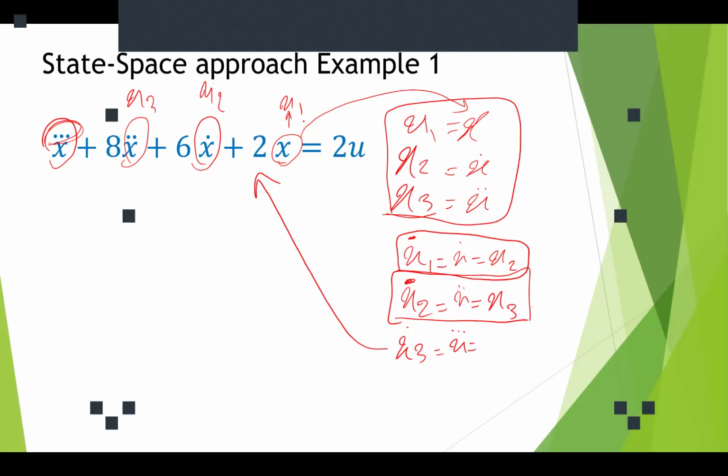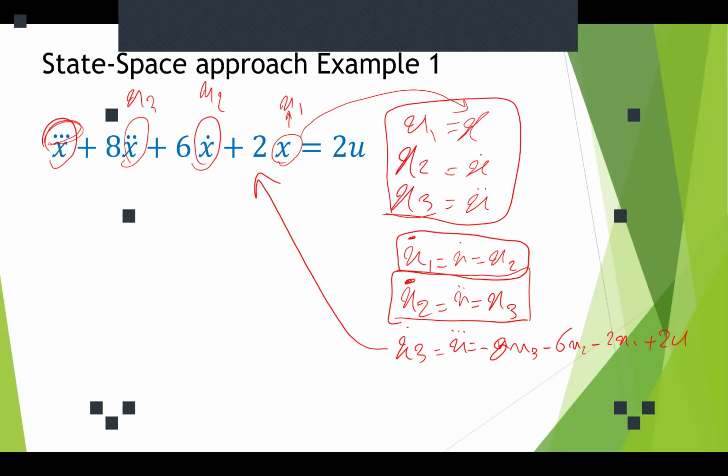Make sense? So now this is going to be minus 8 x3 minus 6 x2 minus 2 x1. I'm bringing everything to the other side of the equation. Plus, now we have our input affecting the differential equation. Is that okay? Are we clear?